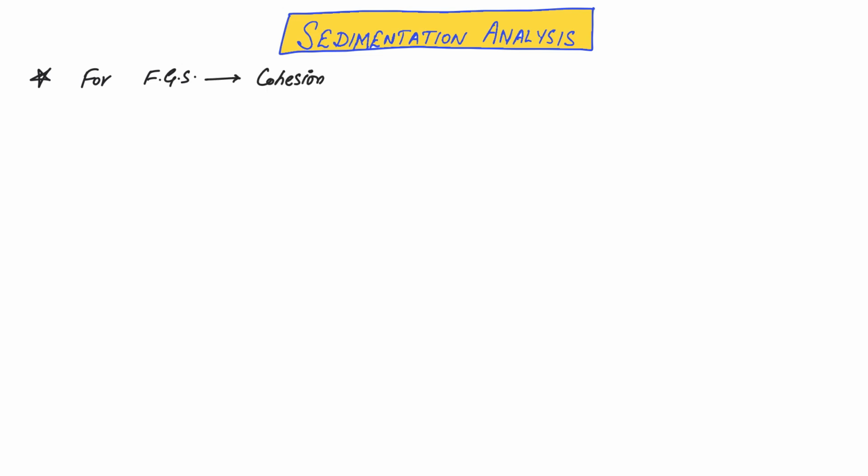The reason is the presence of cohesion, because cohesion does not let the individual particles of the soil separate and get analyzed directly using the sieve analysis. That is why the soil sample of fine grained soil is mixed in water, and we observe how the particles of the soil settle down in the water.